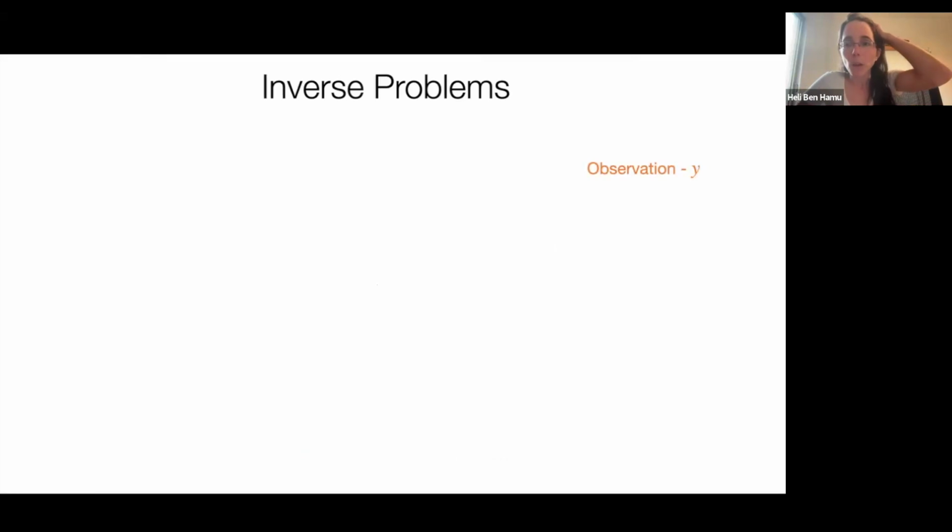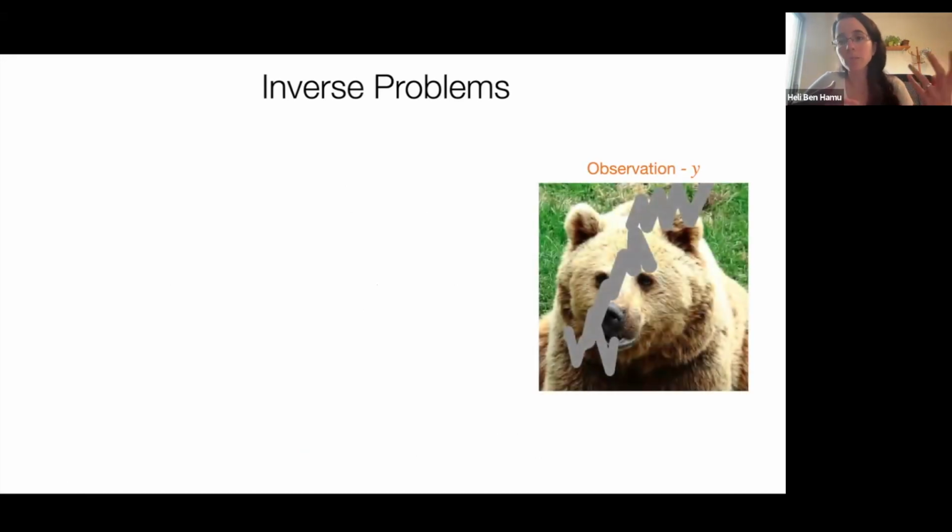So the setting in inverse problems is that we have an observation, which we denote as Y, and it can be some sort of corrupted signal or missing information signal. In this case, what we see is an in-painted image. We have this bare image, and we have those missing pixels in our image, and that's our observation of the signal.